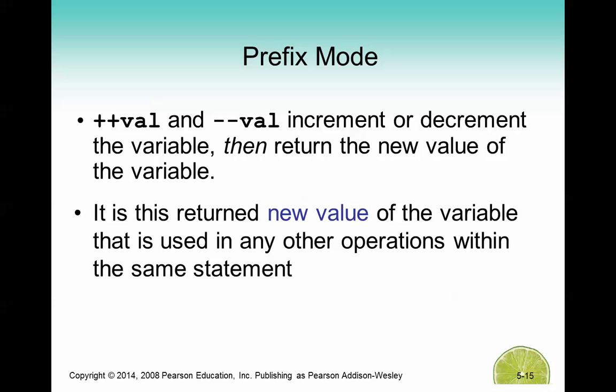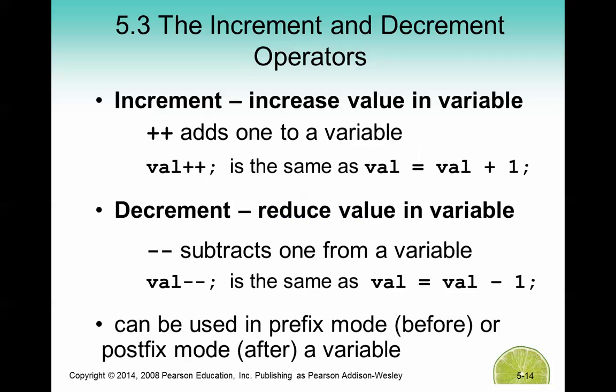It's going to affect my results only if I'm using this plus plus value or minus minus value in combination with another command, like cout, or while, or an if. But if I have it by itself, like I have it here, it's not going to make any difference on the result. But if I have something like cout value plus plus, then it's going to make a difference.